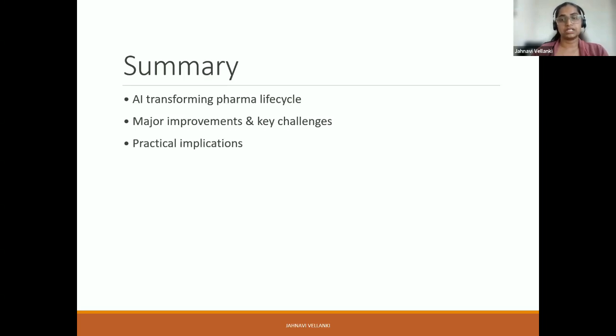AI-powered innovations in smart manufacturing, supply chain optimization, regulatory compliance, and pharmacovigilance have optimized efficiency, accuracy, and decision making. However, with these advancements come concerns about data privacy, biases, transparency, and regulatory compliance, which require ethical and legal considerations for mass acceptance.